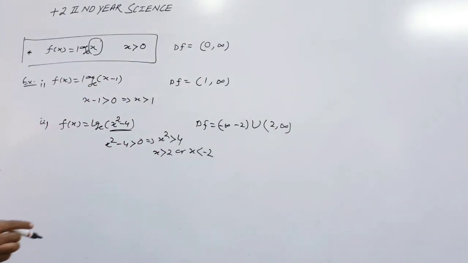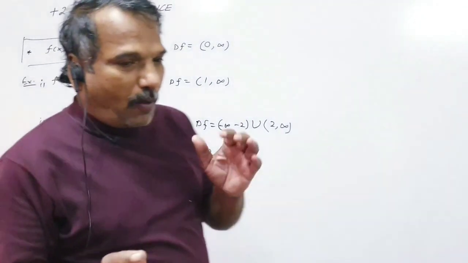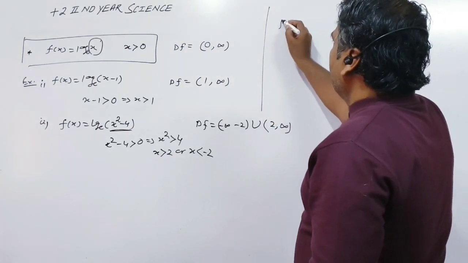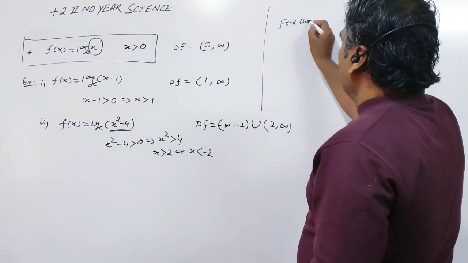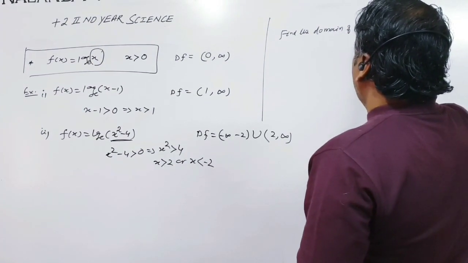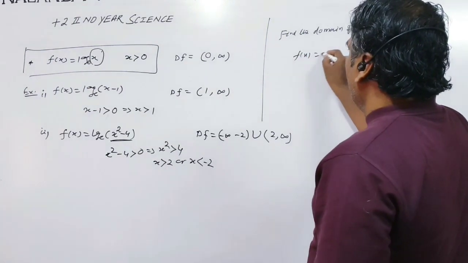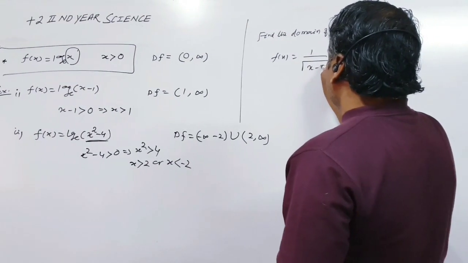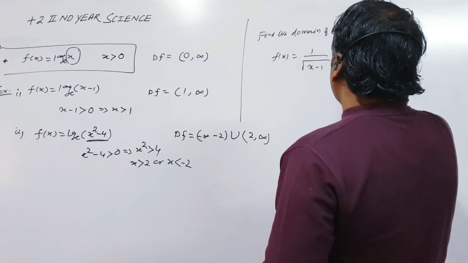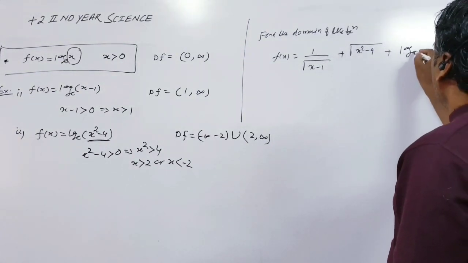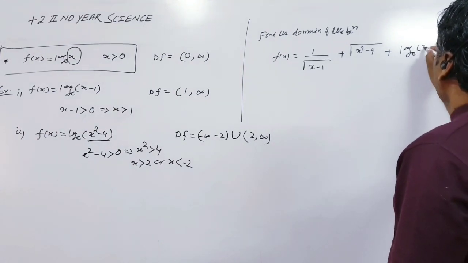Okay. Now case 1, case 2, case 3. Now here another function is where you combine these three. Suppose find the domain of the function f(x) = 1 / (root of (x − 1)) times root of (x² − 1) plus log base e of (3x − 2).